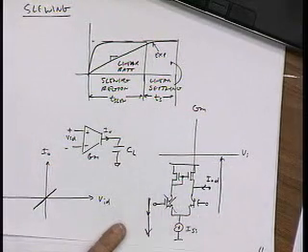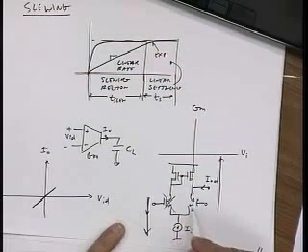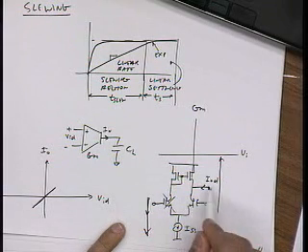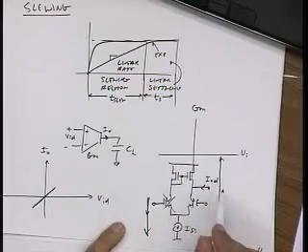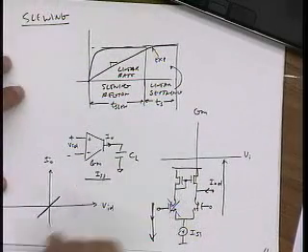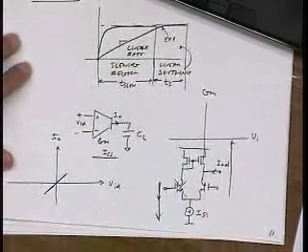That effectively turns off this stage. This stage then is fully on, and almost all the current ISS flows through here and flows into the output. So for a very large positive input voltage, I know I can't ever go higher than ISS on this graph.